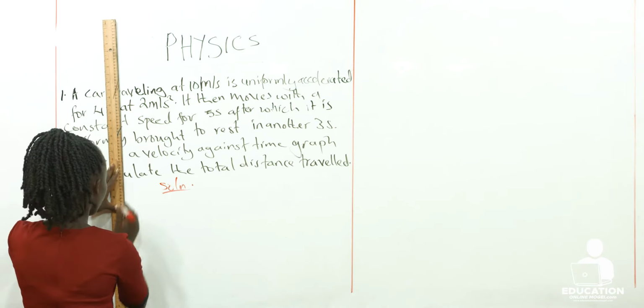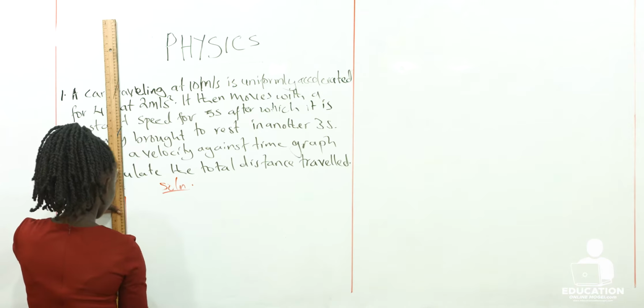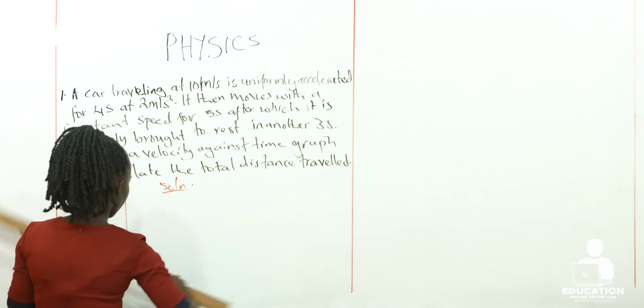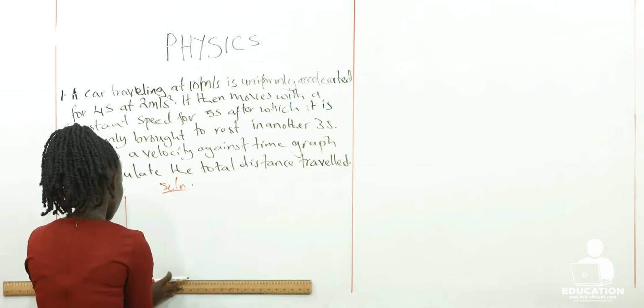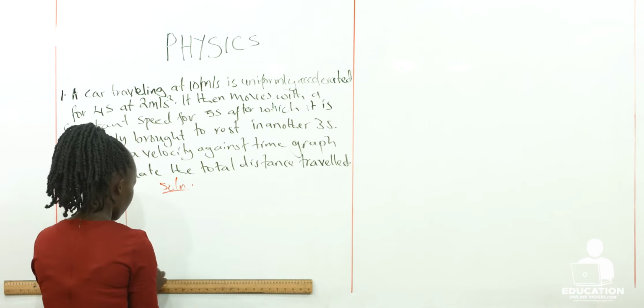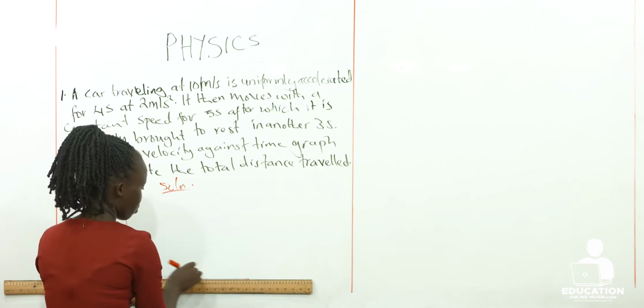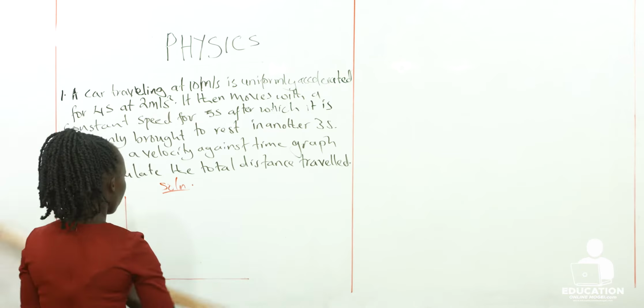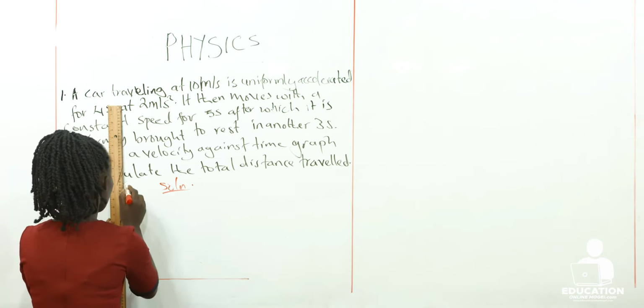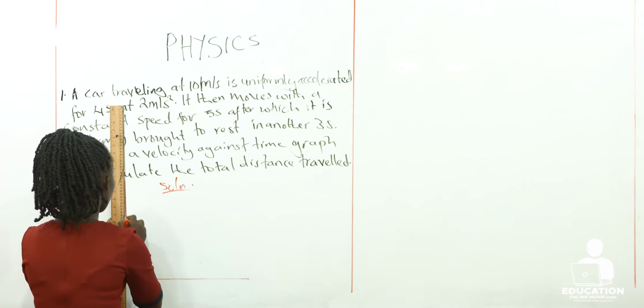This is our velocity time graph like this. This axis will give us the time for the whole travel, and this one will indicate the speed with which the body was traveling.